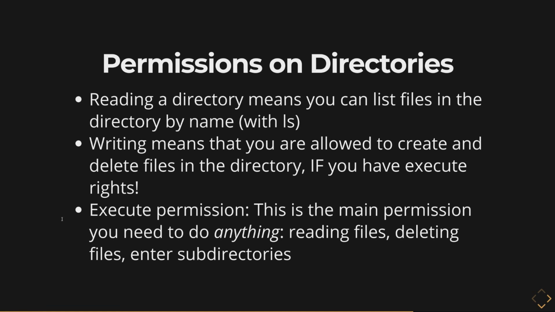If you have write access to a file, you can add to it. You can write, and if it's a text document, then you won't be able to run it per se. It doesn't make sense to execute it. But the write permission is there to give you access to appending to the file, or adding to it, or changing it in a context where execution doesn't make any sense.